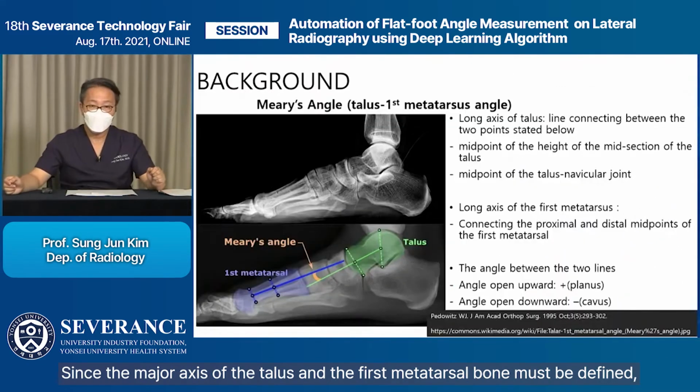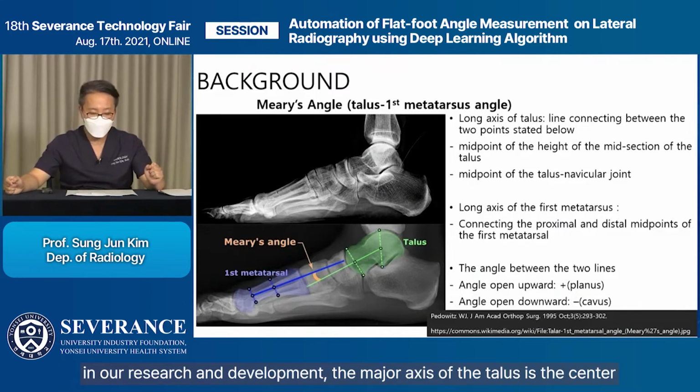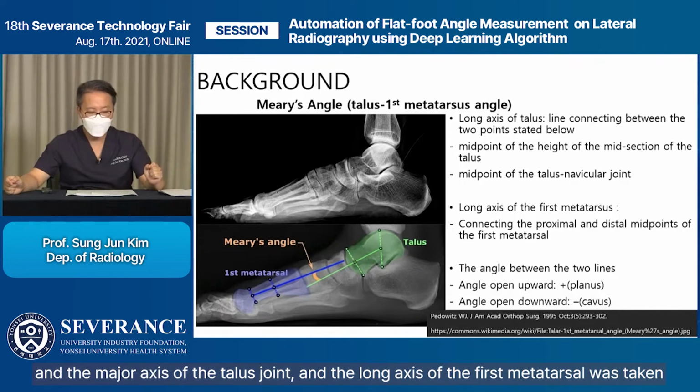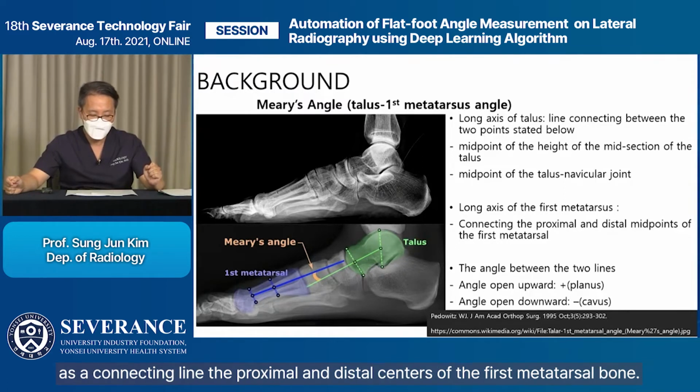Since the major axes of the talus and the first metatarsal bone must be defined in our research and development, the major axis of the talus was taken as the line connecting the center of the middle part of the talus and the navicular-talus joint, and the long axis of the first metatarsal was taken as a line connecting the proximal and distal centers of the first metatarsal bone.